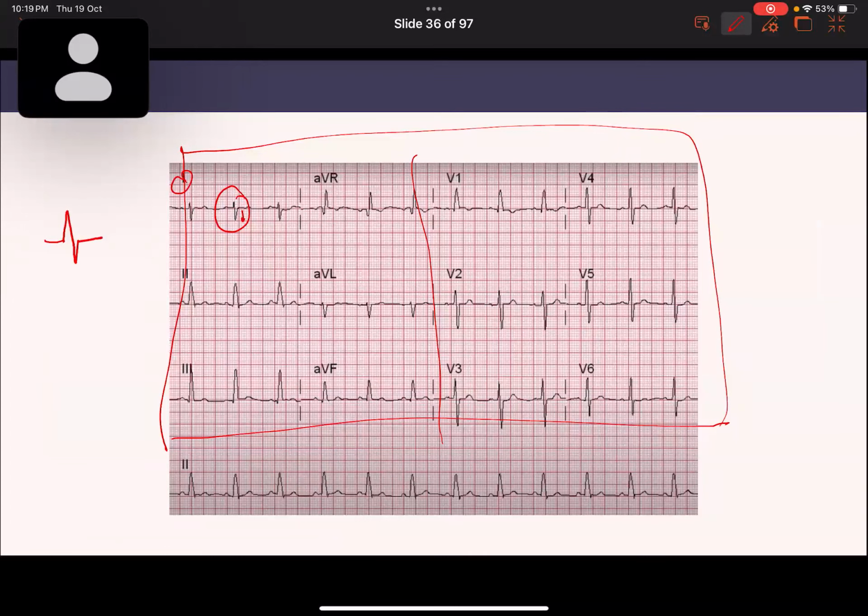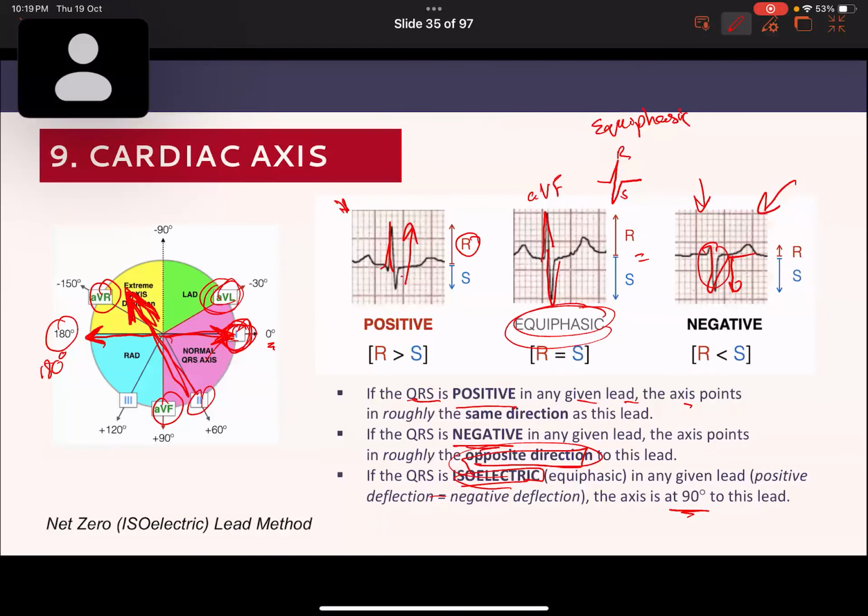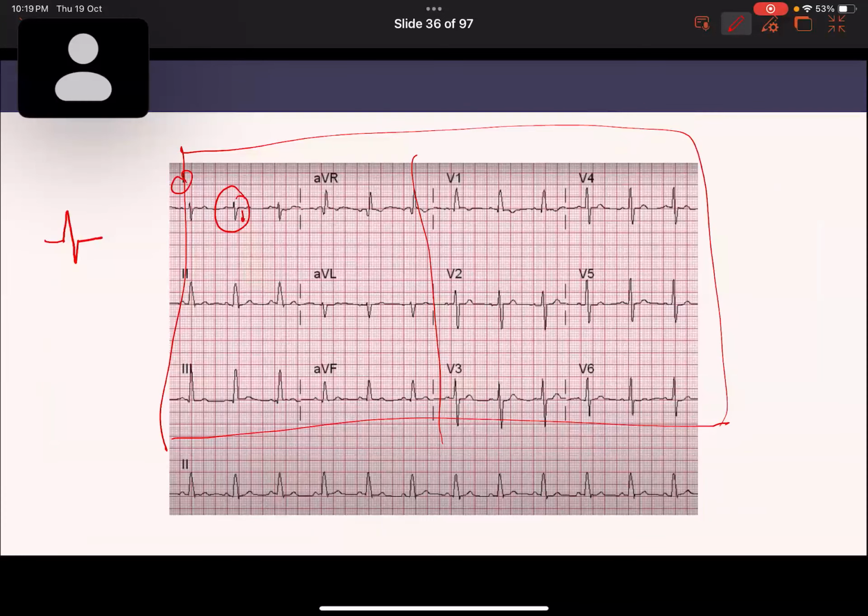In this case, we said if it's equiphasic, then the cardiac axis is going to be perpendicular. So we look at lead 1, said it's equiphasic, so we look at the lead that is perpendicular. Perpendicular means that it creates a 90-degree angle with this line. So what's perpendicular to this? If this is 90 degrees, that will be your AVF. So how do we know if it's facing the negative side or the up or the positive side? You look at AVF. Is this positive or negative?